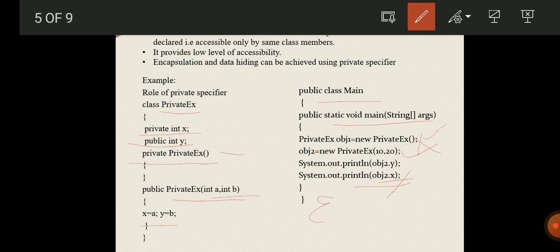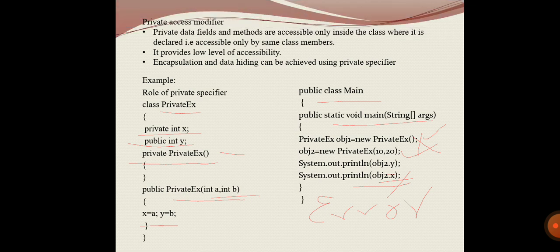So for this program we get an error. Since x can be used only inside the class where it is defined, x cannot be used outside the class. So this is the use of the private access specifier.